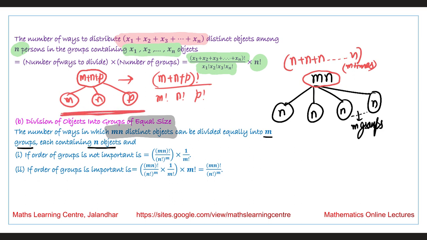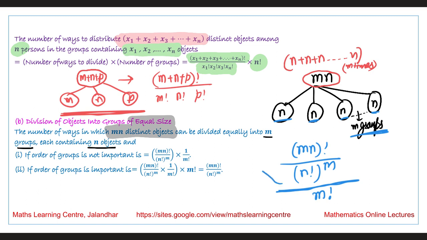Now in this case, the answer we will obtain is mn factorial divided by n factorial, n factorial, n factorial. How many times do we have it? It is m times. So we get n factorial raised to the power m. And how many similar groups are there? There are total m factorial. So the final answer we obtain in this case is in this form.